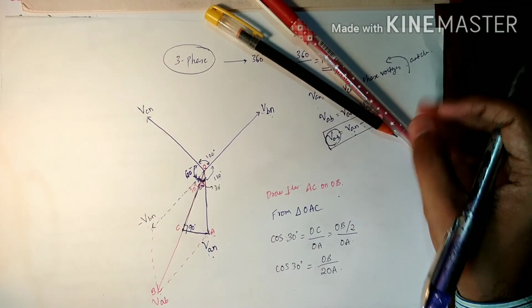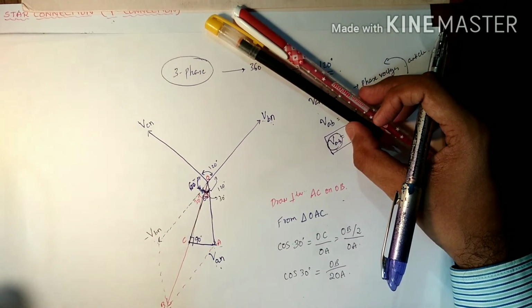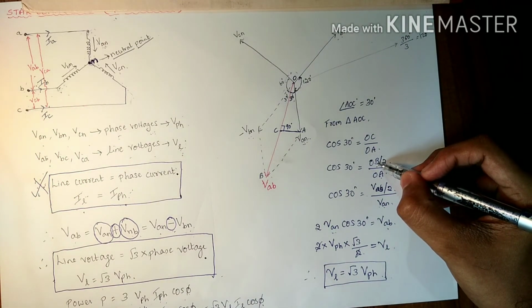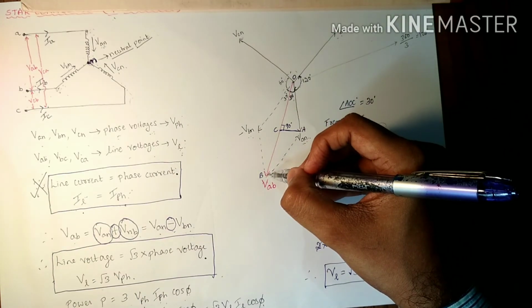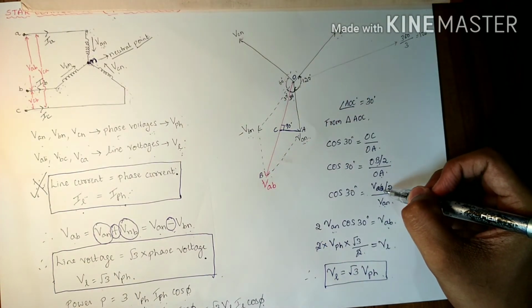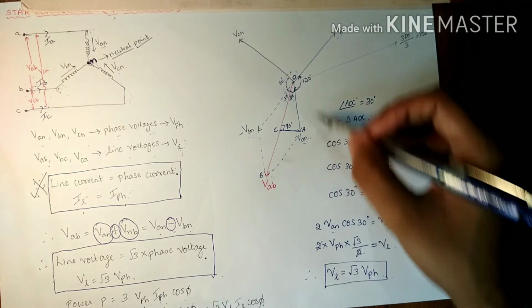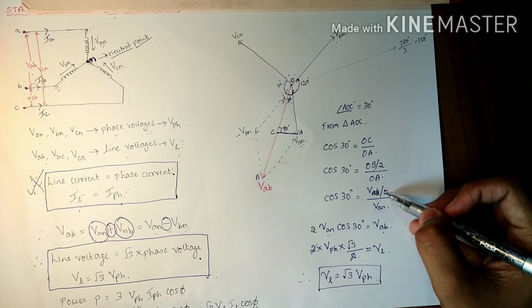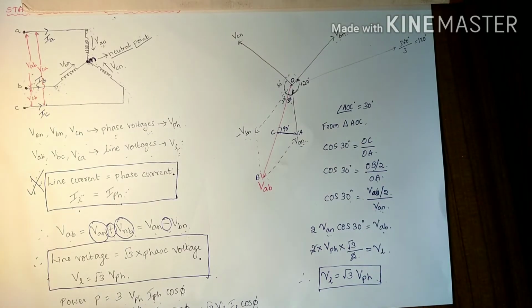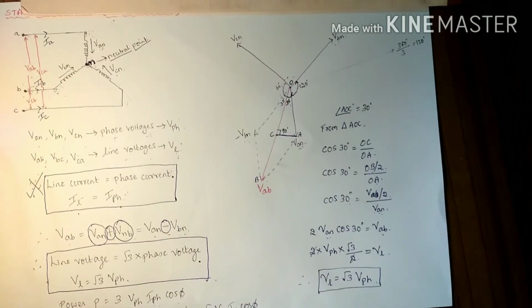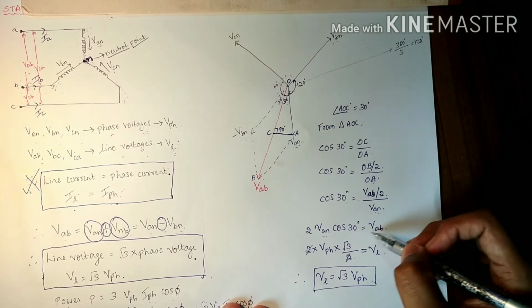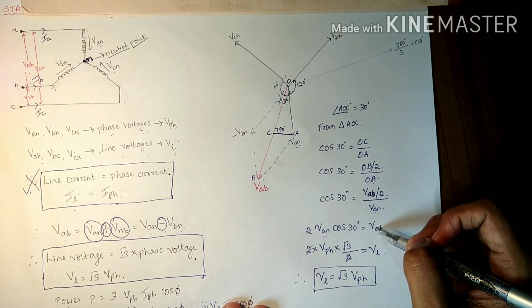Now similar to the previous one, what is OB here? OB is nothing but VAB, and I am replacing OA as VAN. So VAB by 2 VAN is equal to cos 30 degrees. Therefore this 2 will come over here: 2 VAN cos 30 degrees is equal to VAB.